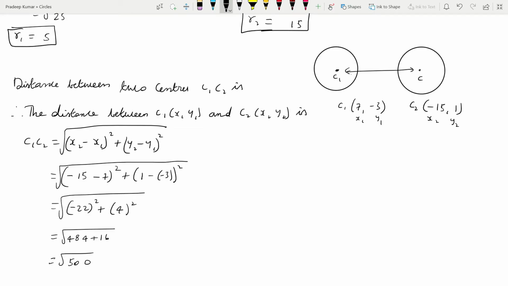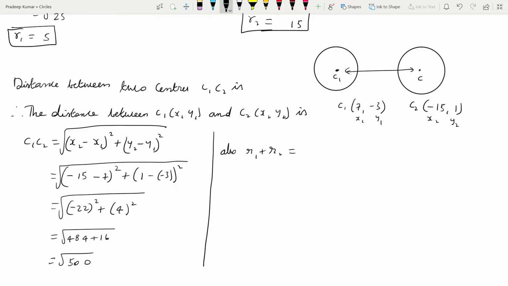So the distance between the two centers is root 500. But we'll also find the sum of the two radii. I can write r1 plus r2.